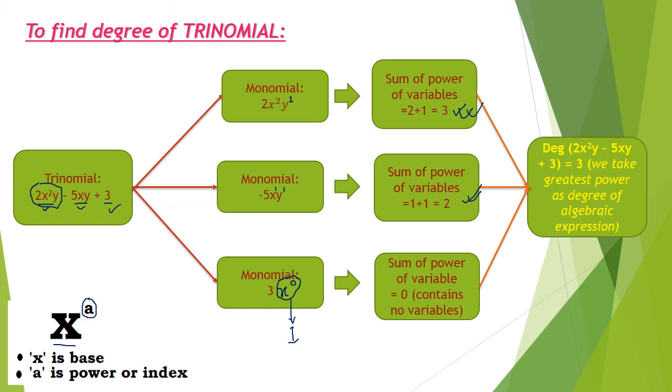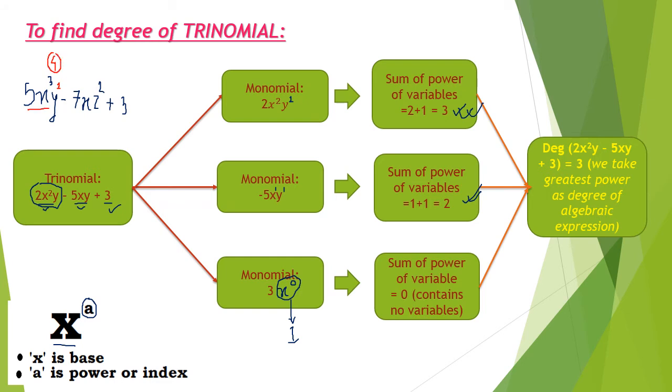In a simple sense, if we do another example, if x cubed y is given, and minus 7x z to the power 2 and plus 3, we can easily and quickly say the power of x is 3 and the power of y is 1. So this term contains power 4, isn't it?